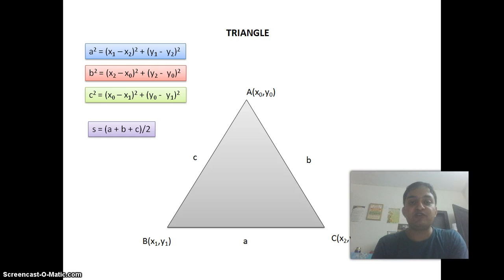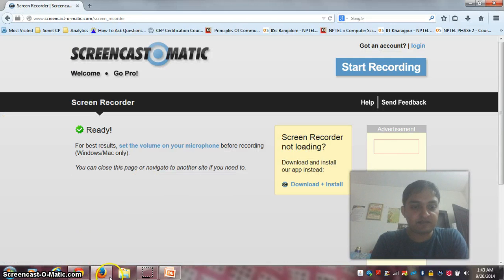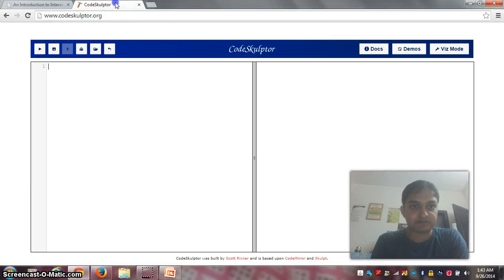Now let us move forward to the code. While writing the code, since I require the square root function, I will be importing math here.